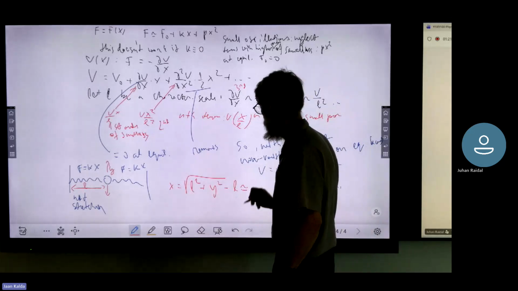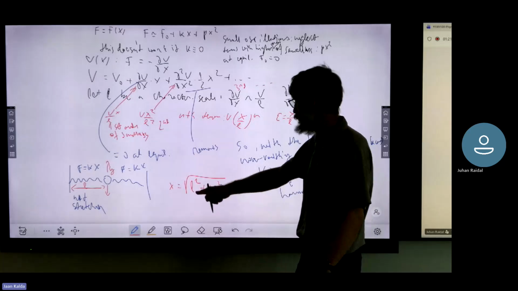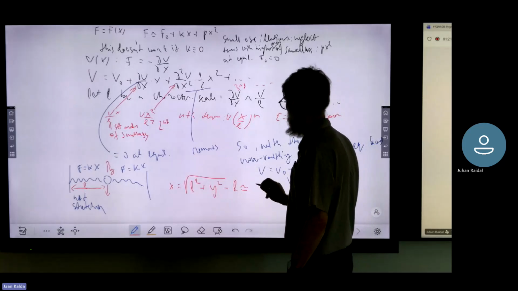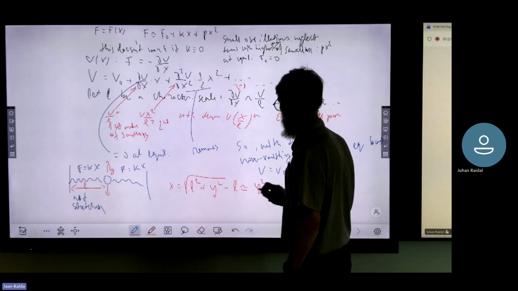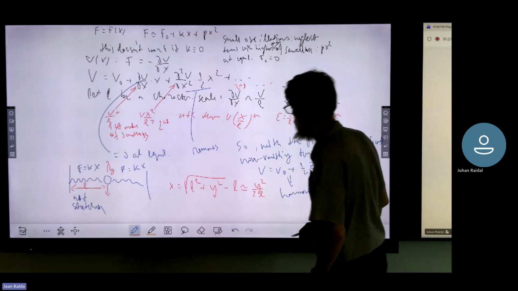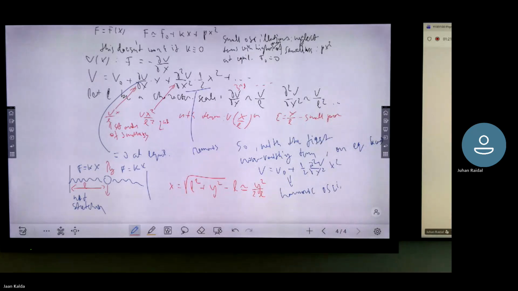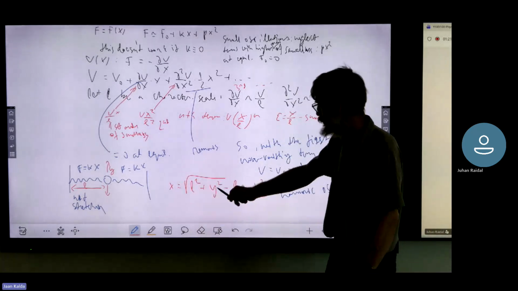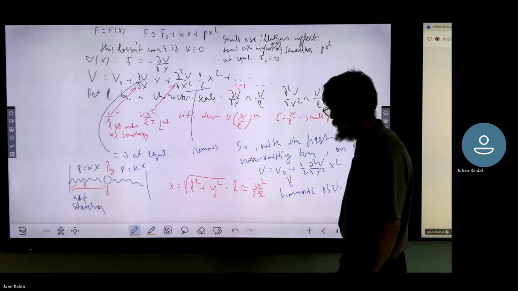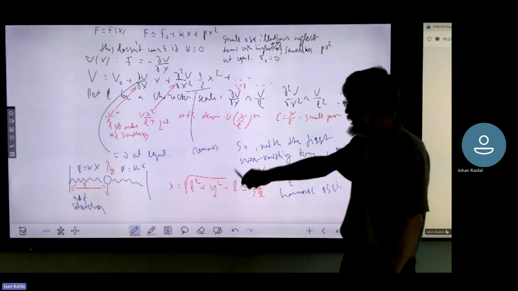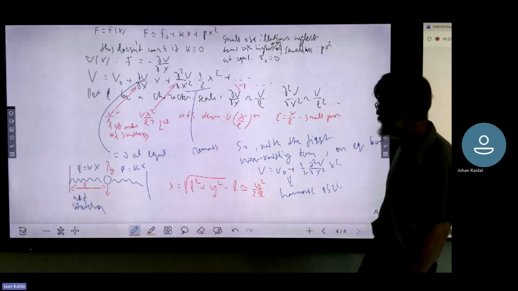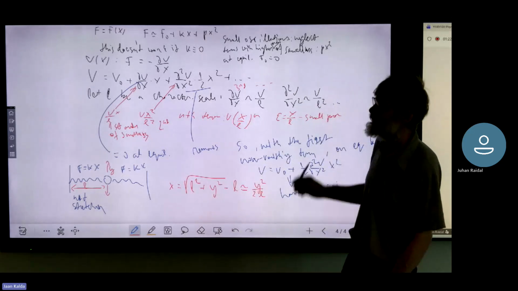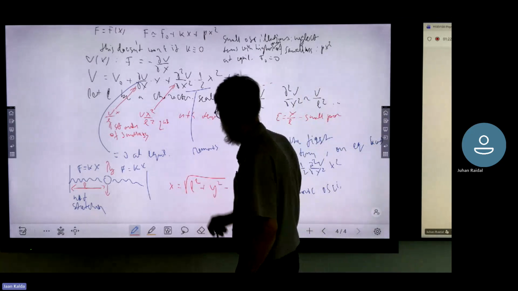So this approximately equals, once you do the Taylor expansion, y squared divided by 2L. You bring L before the braces. Here is y squared divided by L squared. Square root of 1 plus x is 1 plus x over 2.